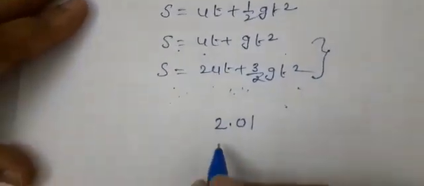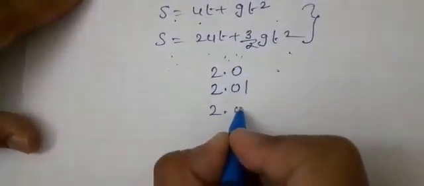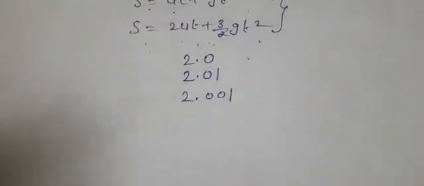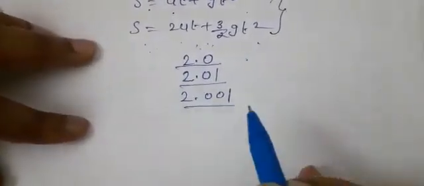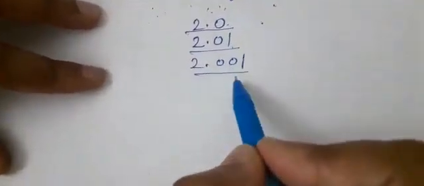Suppose I write a number 2.0, 2.01, 2.001. I'm just giving you a mathematical example of decimals. Out of these three values which I have written, this is up to 1 decimal place, this is up to 2 decimal places, this is up to 3 decimal places.